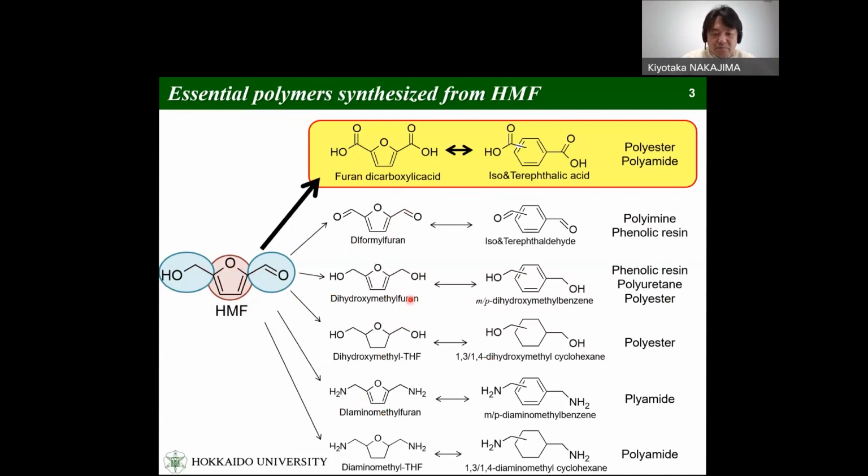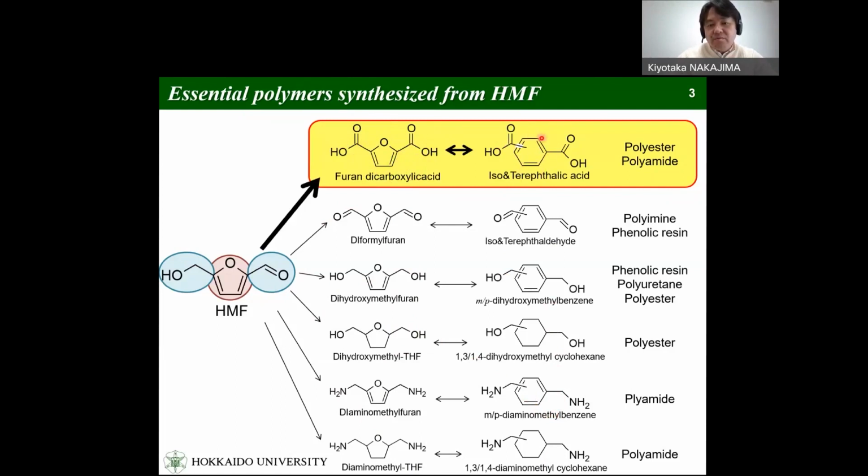These are replacements of the oil-based monomers shown here, mainly obtained from fossil fuel resources. In this presentation, we focus our attention on furan dicarboxylic acid. The furan ring has two carboxylic acids. This is a potential replacement of terephthalic acid.